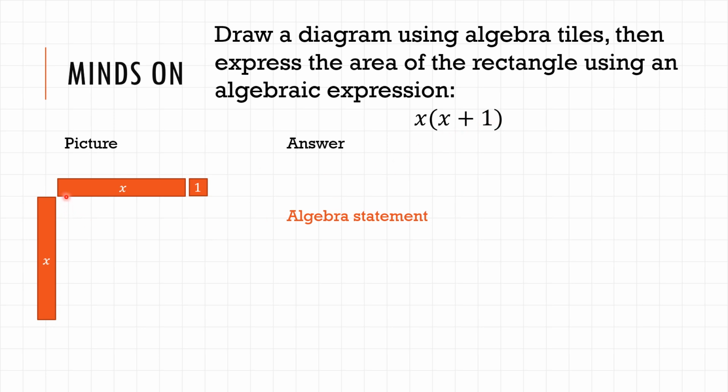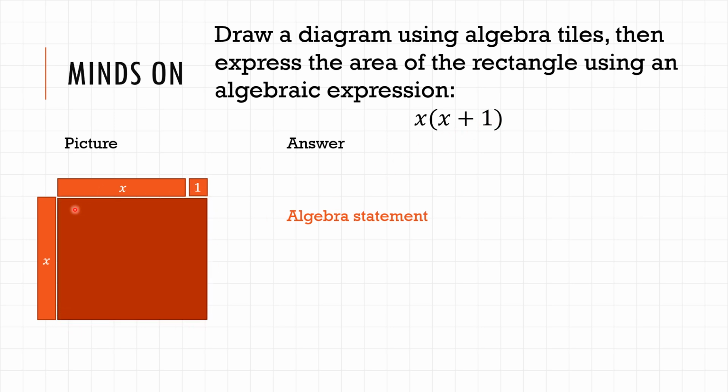So if I were to draw a rectangle in here, to find the area of this rectangle I would just have to do x times x plus 1. And the reason we use algebra tiles is that to find the area of this rectangle, I can make a cut wherever there was a break, like right there, and I've broken it up into two shapes. These shapes are pretty easy to find the area of, right?